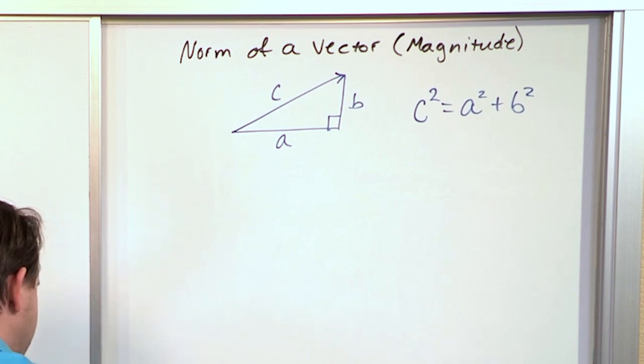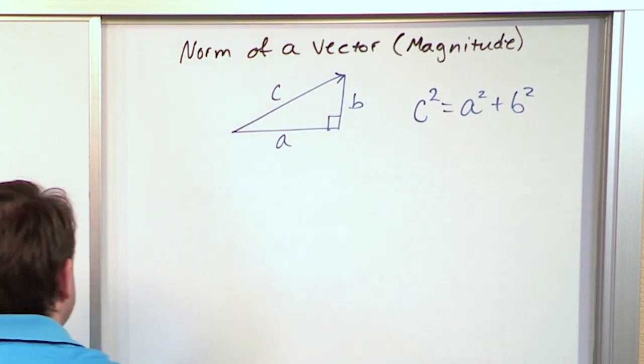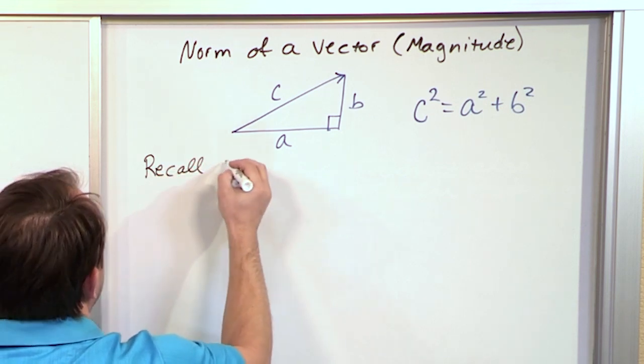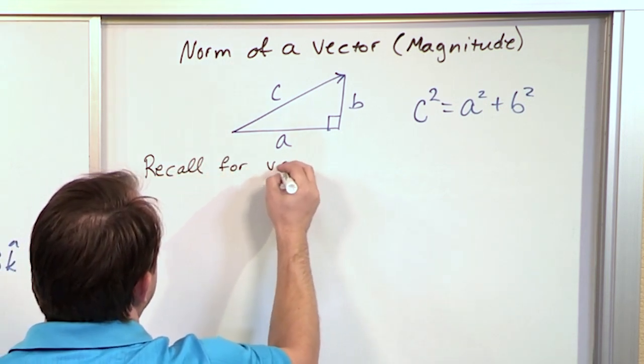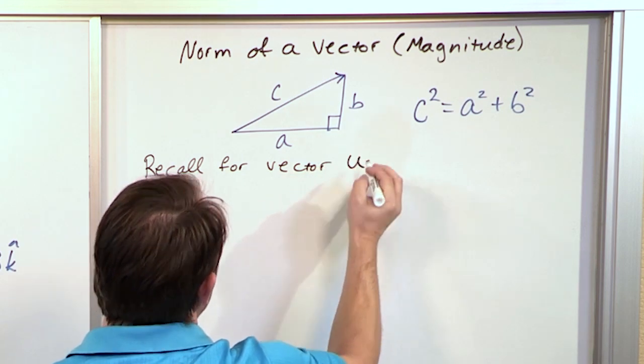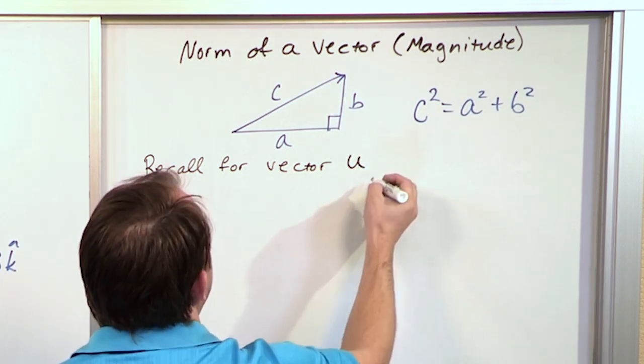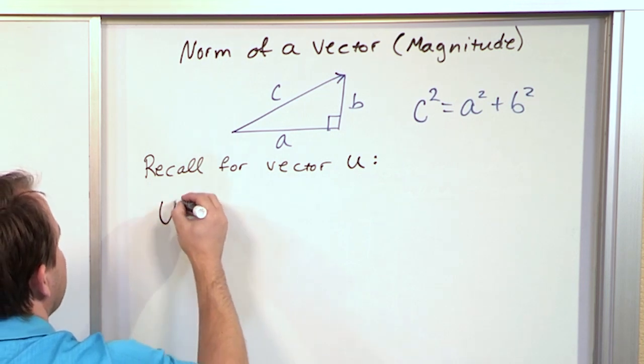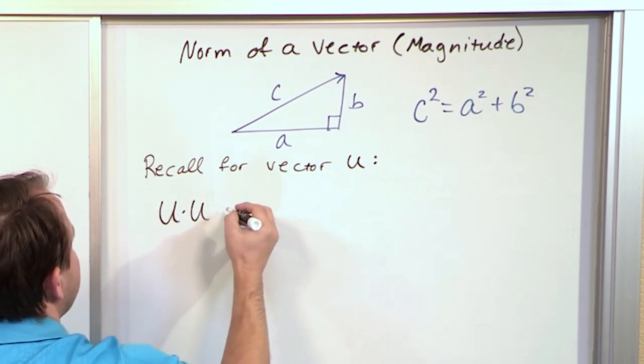All right? Now, also, I want you to recall the following thing for a vector u. We talked about the dot product a little while ago, u dot u. Remember we talked about that.